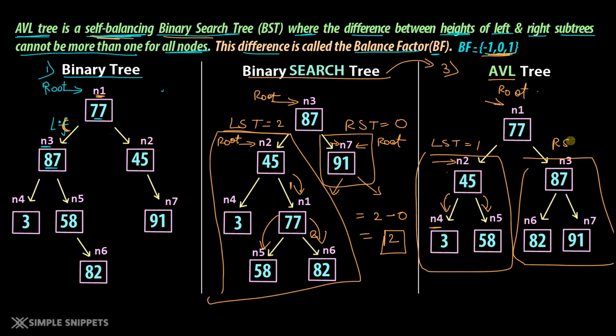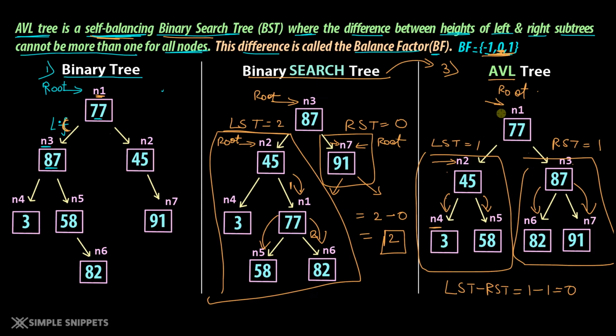For the right subtree also the height is equal to 1, starting from n3 to n7 or n3 to n6. Neither of them is longer, so they can be considered the same, and there is only one edge between, so height is 1. Now if you take LST minus RST over here, it is going to be 1 minus 1, which is equal to 0. So 0 is lying in this range, that is, it is exactly balanced.